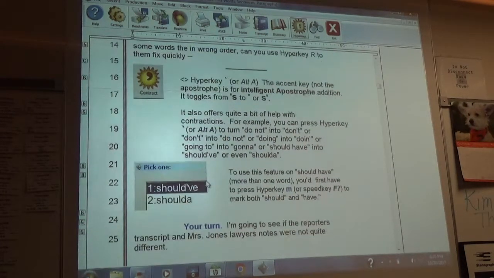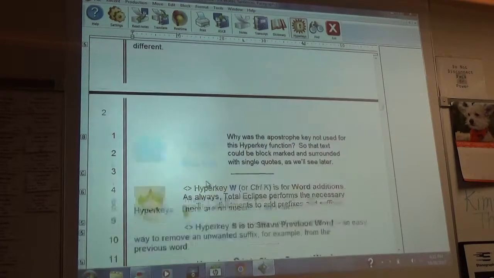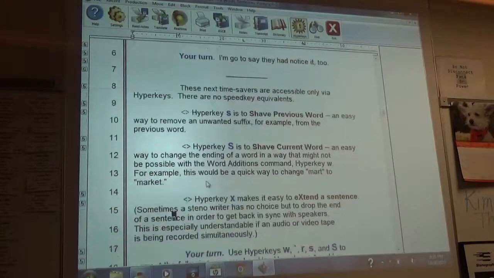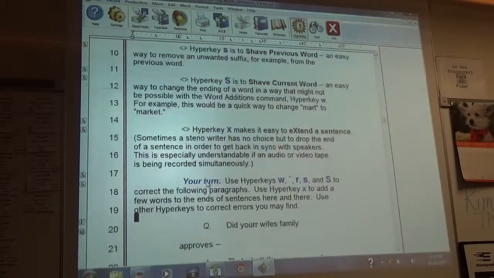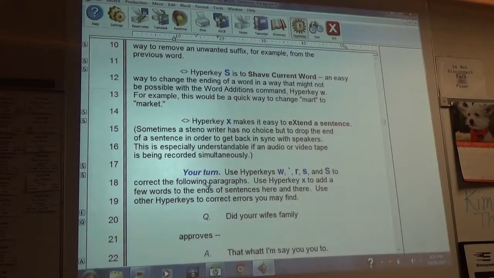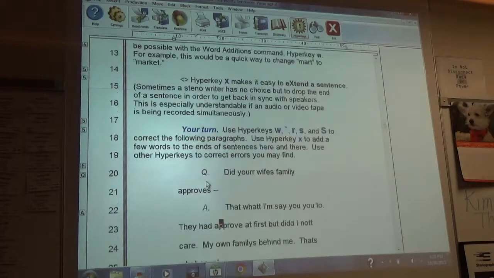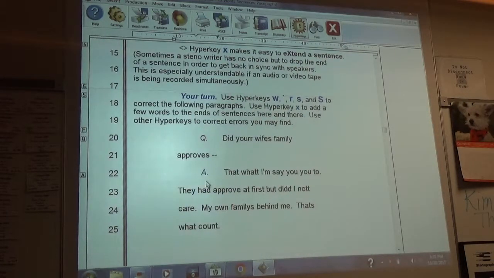Where do you see families? Further down, it's different in places. A little bit further down. Go to the 24 on that one. There you go. Families. So Alt-A.